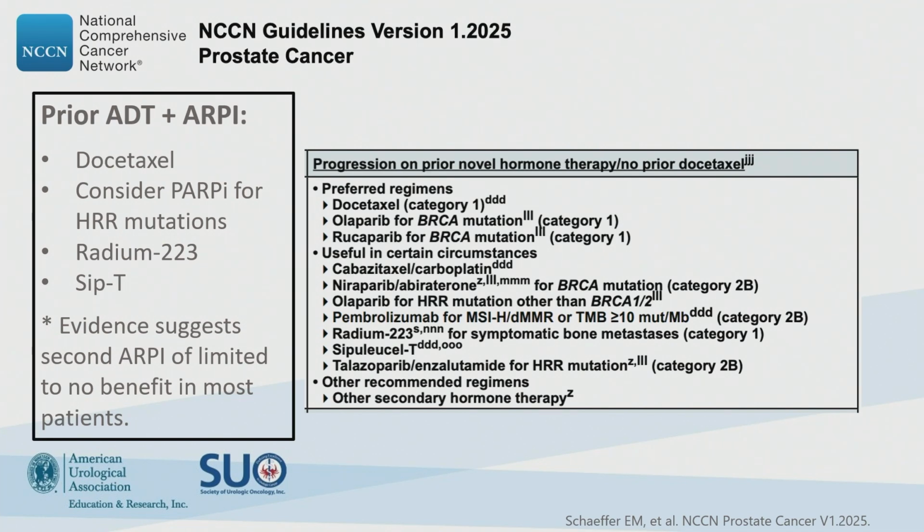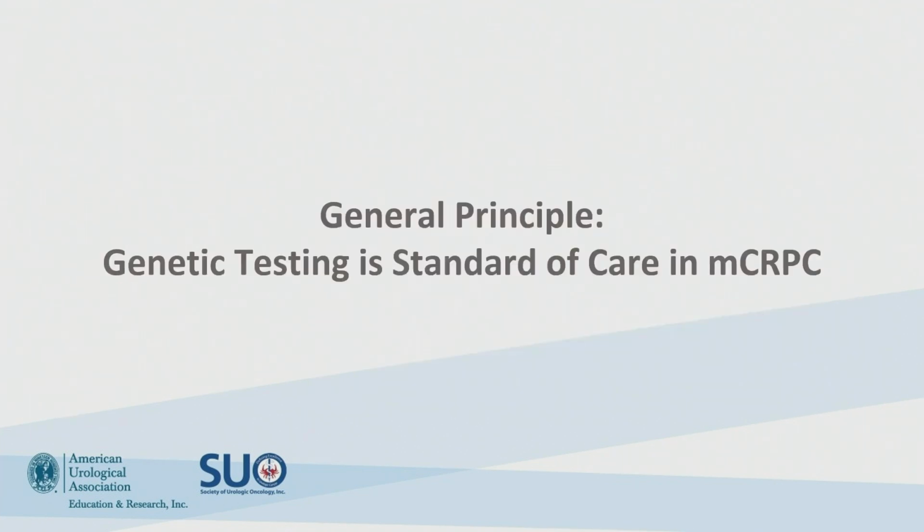Radium-223 is also listed here, and sipuleucel-T. I also called out a special asterisk to say, and I alluded to this before, evidence really suggests that switching an AR pathway inhibitor as an only strategy is expected to be of limited to no benefit, because the resistance mechanisms that evolve to an AR pathway inhibitor are generally carried through, such that they will also make that patient resistant to the next AR pathway inhibitor.